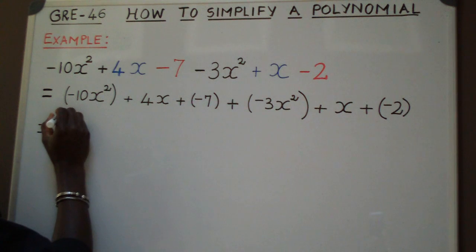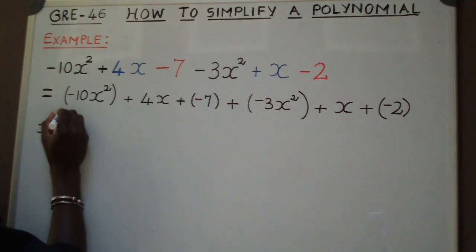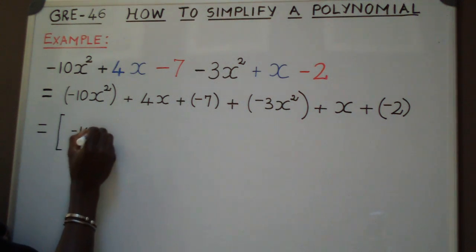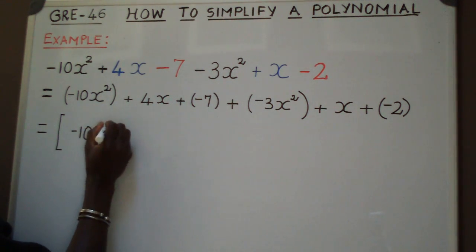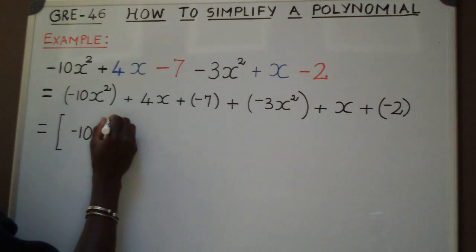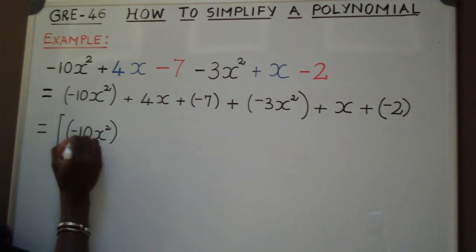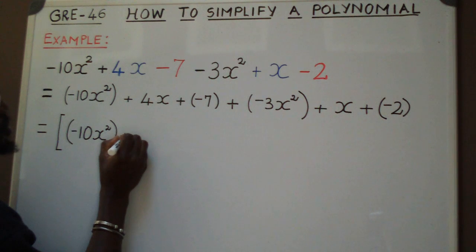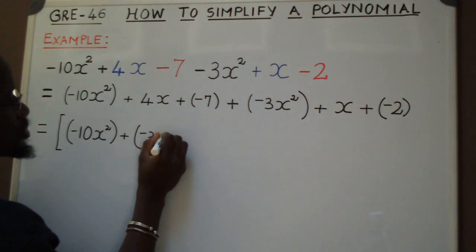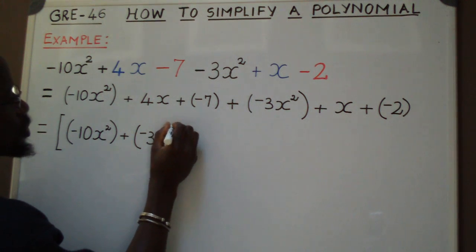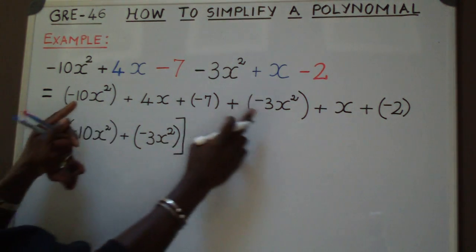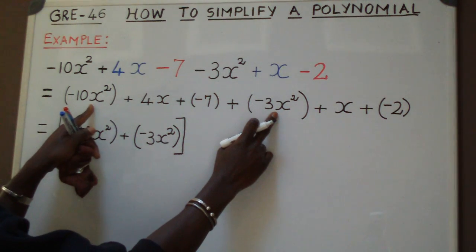So here in this square bracket, I'm going to write negative 10x squared, okay? Negative 10x squared, as you can see here, added to negative 3x squared. Okay, so here I have grouped in this square bracket these two binomials, because they are like binomials.